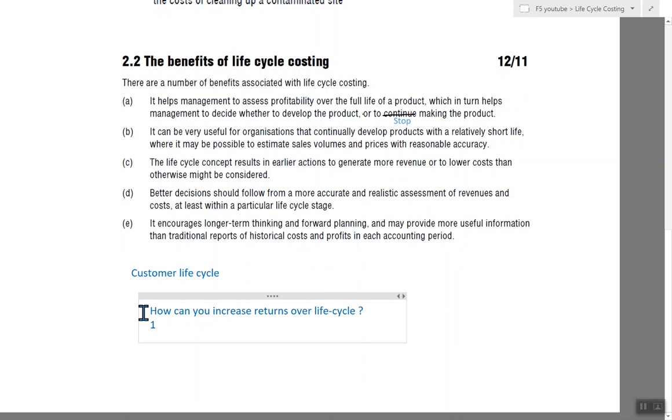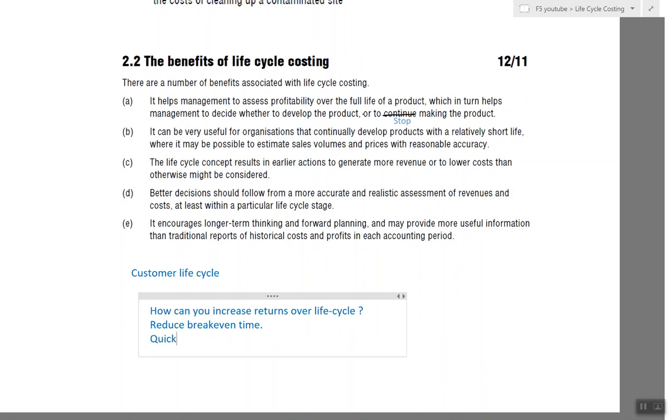One thing you could do is reduce break-even time. Break even, remember, means the point where you make no profit, no loss. So it simply means try to make profit as early in the life cycle of a product as possible. One reason is the sooner you receive your money, the less the risk involved.